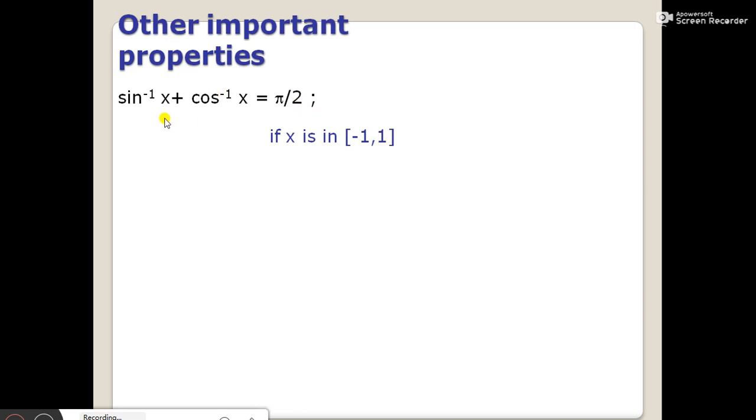The other property is tangent inverse x plus cotangent inverse x is equal to pi by 2, for x belongs to R, and next one is secant inverse x plus cosecant inverse x, that is equal to also pi by 2.